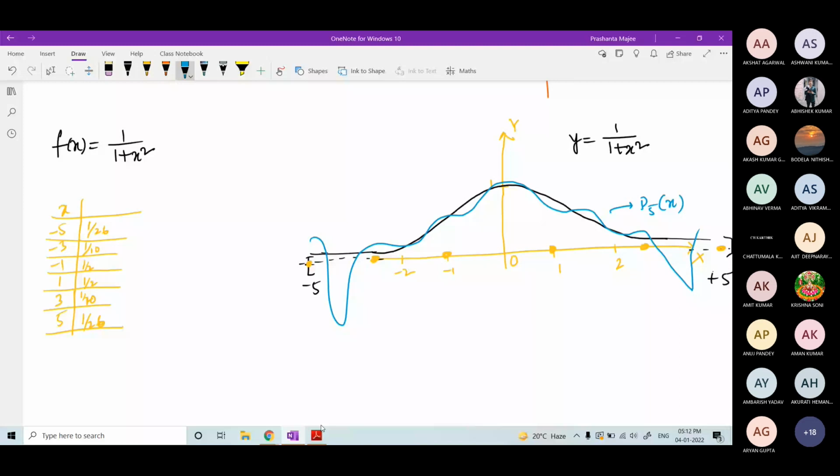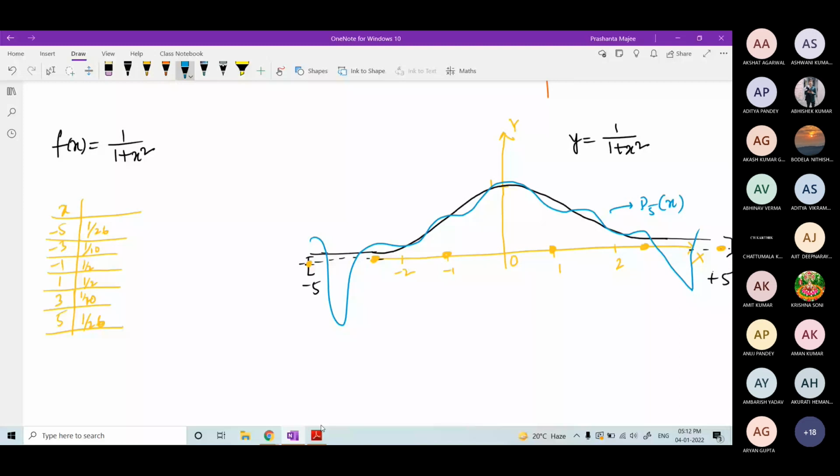So if you want the polynomial more accurate to the function 1/(1+x²), you will have to increase the data points. So suppose you have increased the data points to 21. Then if you try to find a 20-degree polynomial which will approximate f(x) = 1/(1+x²), you will see everywhere else except the starting and the end, the 20th degree polynomial will be matching the function.